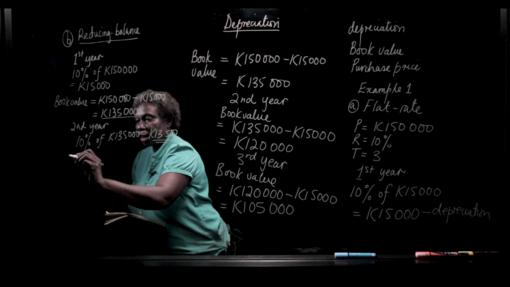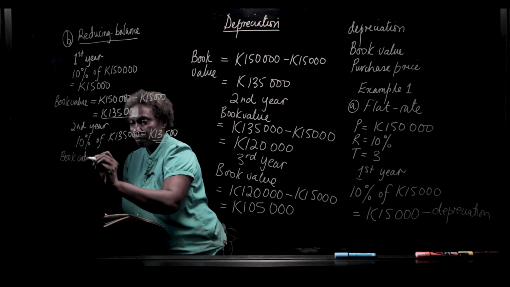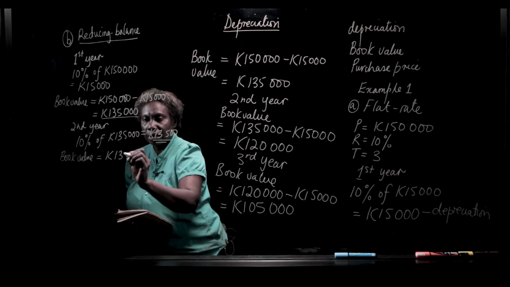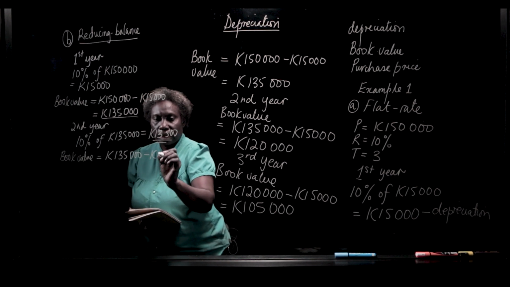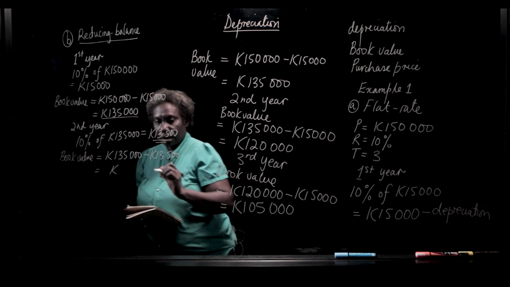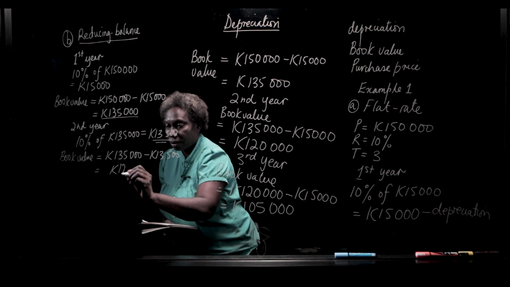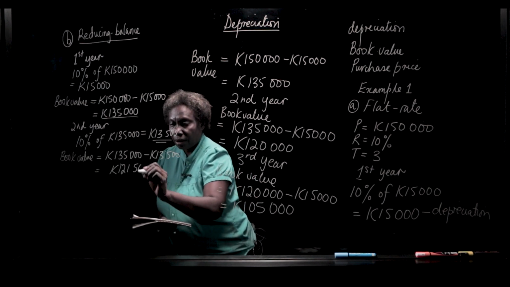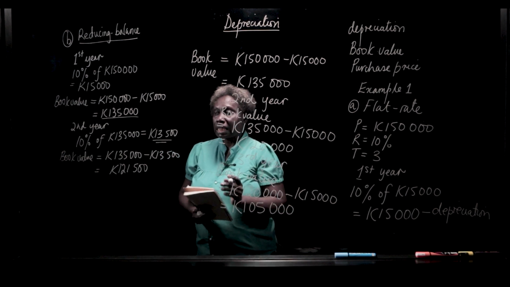So the book value is equal to 135,000 kina minus 13,500 kina, and that will give us 121,500 kina. That is the book value at the end of the second year.